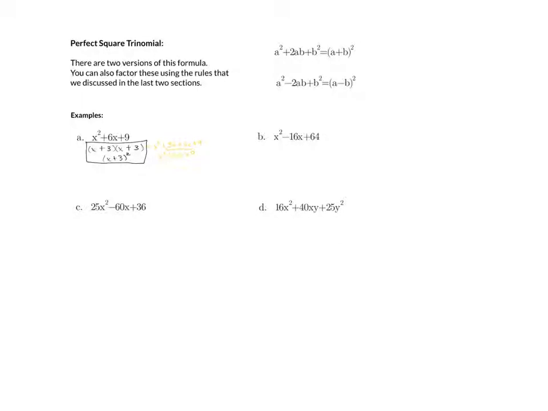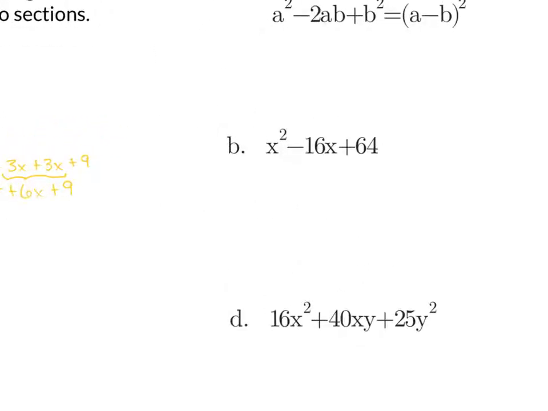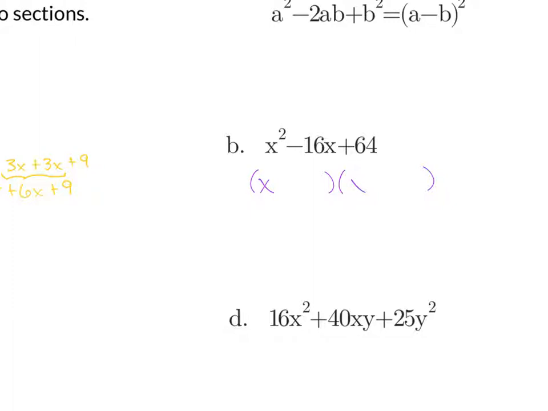Let's go ahead and look at example B now. So for example B, we again have that our firsts are going to be x and x. We have our lasts. I want something times itself that gets 64. That's going to be 8 and 8.